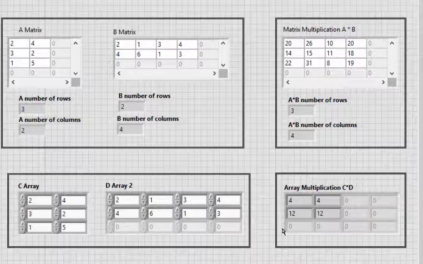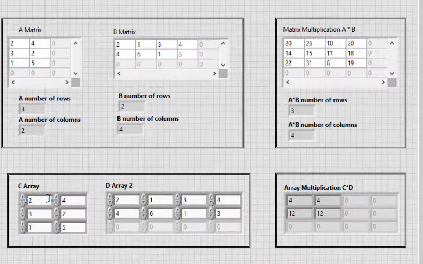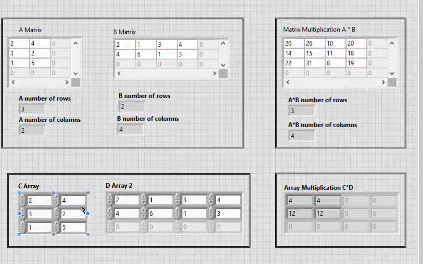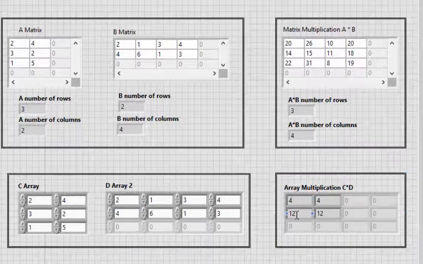And then everything else is just ignored over here. You can see it's all grayed out because array multiplication only multiplies up to the size of the smaller dimension on each of the arrays. So since the second one only has 2 rows, the product is only going to have 2 rows, and since the first one only had 2 columns, it's going to have 2 columns.